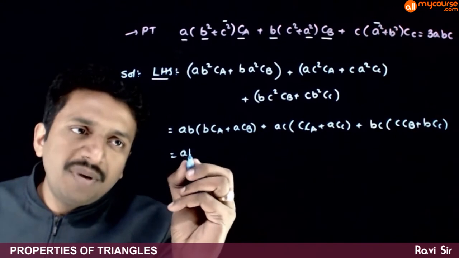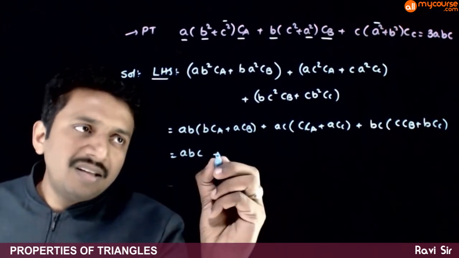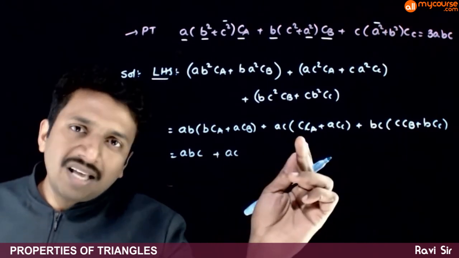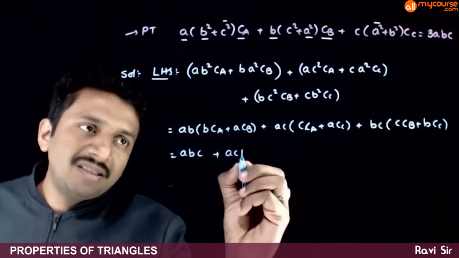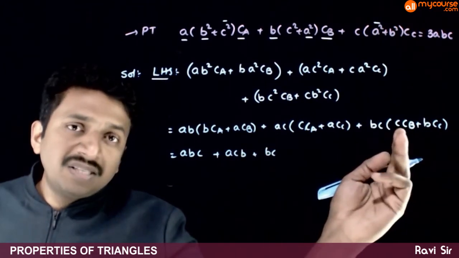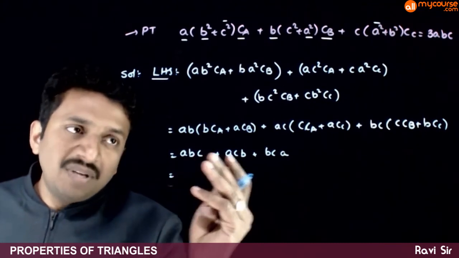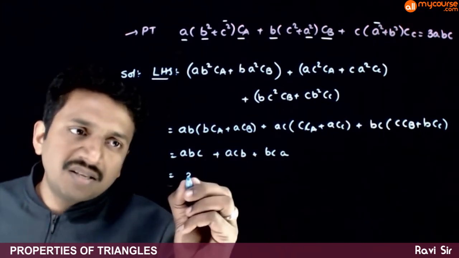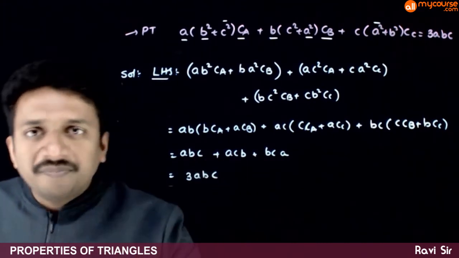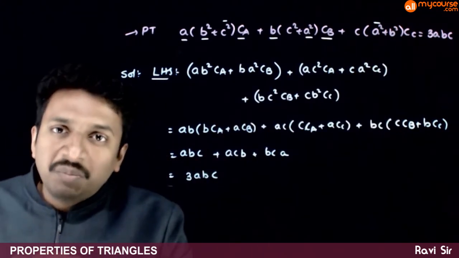That is equal to AB times C, plus AC times B, plus BC times A. So you have ABC plus ABC plus ABC is 3 times ABC. So that's the RHS, hence the result is proved.